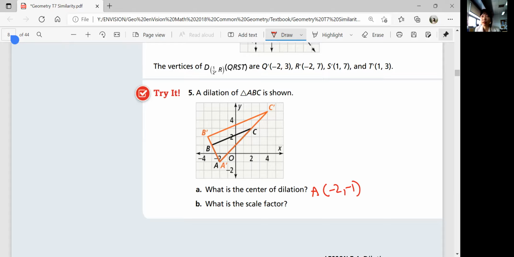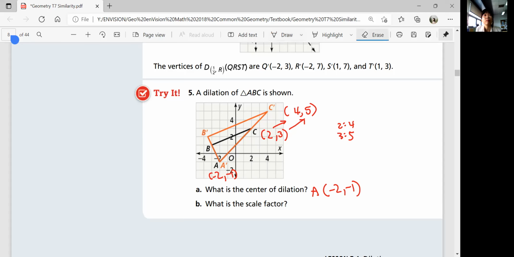Well, you can compare the coordinate points from -2, -1. How did C change and how did B change, right? C from 2, 3 became 4, 5. So from 2 to 4 and 3 to 5, what happened?